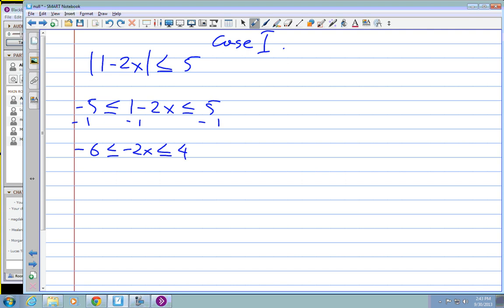That's right. Have to flip the signs. Now this is where it gets a little funky, but not that funky. So divide everything by -2. When we solve inequalities and divide by negative numbers, all the inequality signs flip, right?